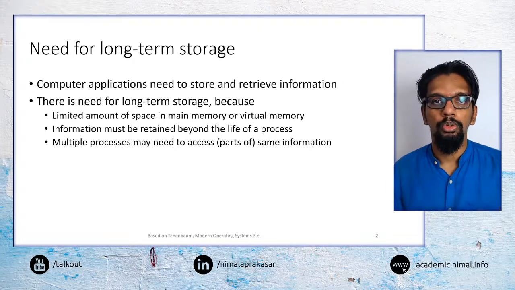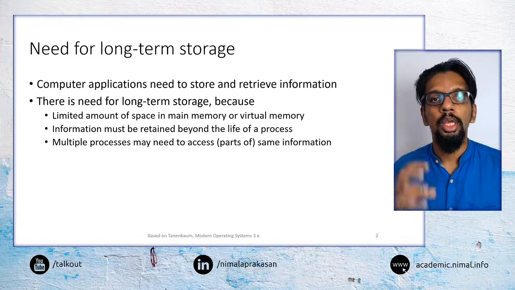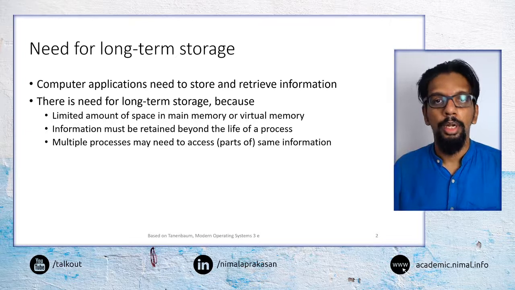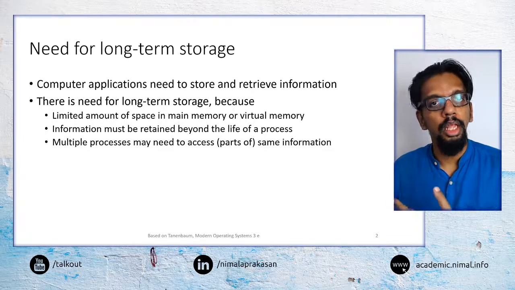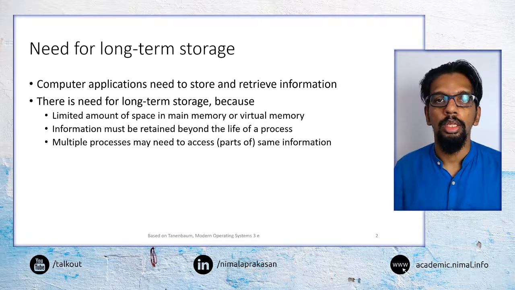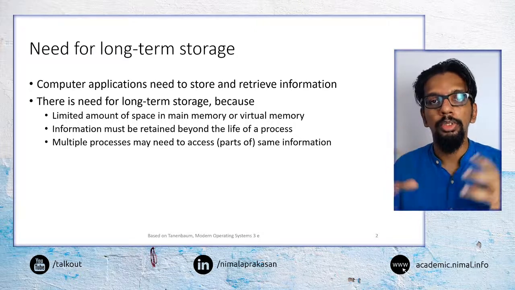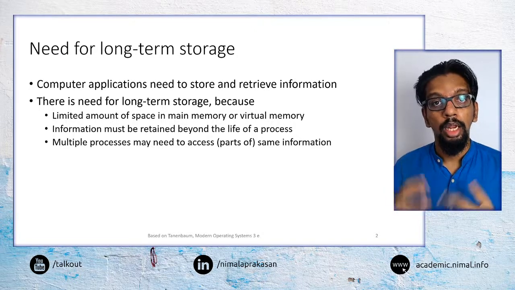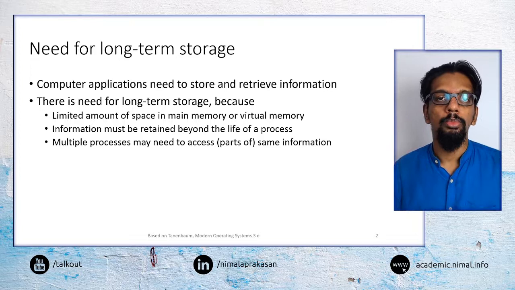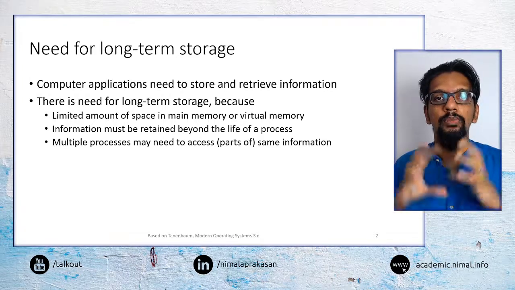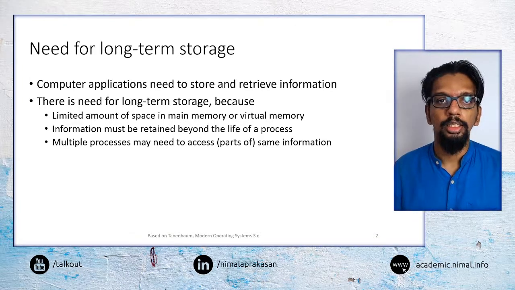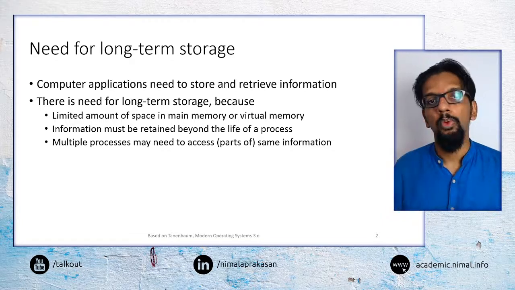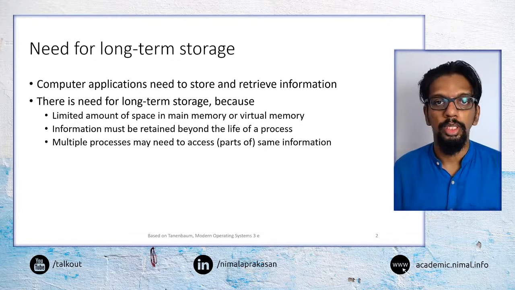For example, one process may generate some information and then another process may print that information or send it to another party. We may have certain processes designed in that manner, and this may be even more true when we build larger interconnected systems. Multiple people may want to access the same information.